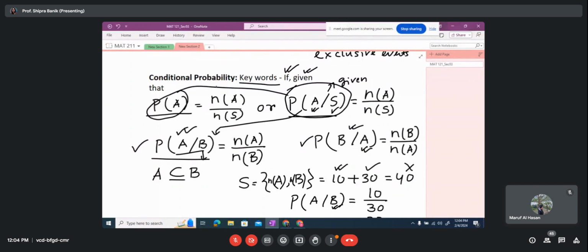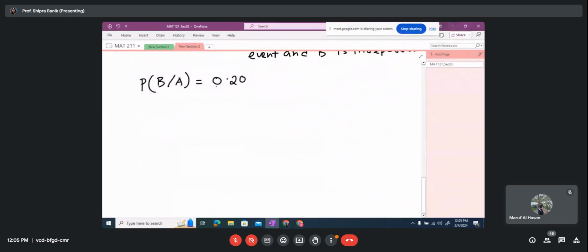You have to write it clearly because it plays an important role. Here B is our space and here A is our space. Now you see how this formula comes. The actual formula is this one, I'm writing it again below: probability of A intersection B.